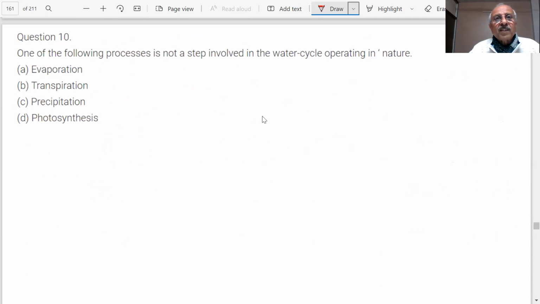One of the following processes is not a step involved in the water cycle operating in nature. Now the question is being asked on the water cycle. So let us see. Before we answer the question, what are the steps in the water cycle which we discussed, student?